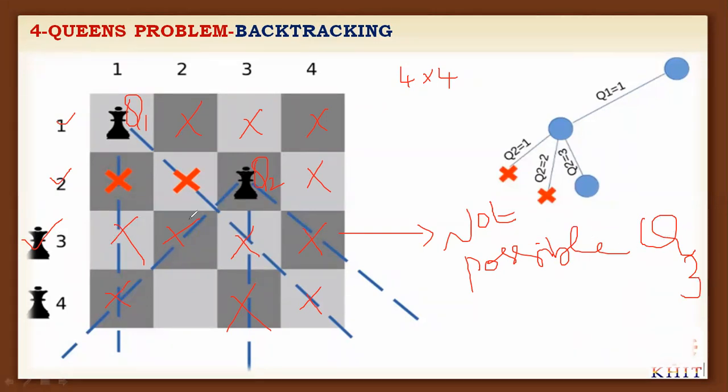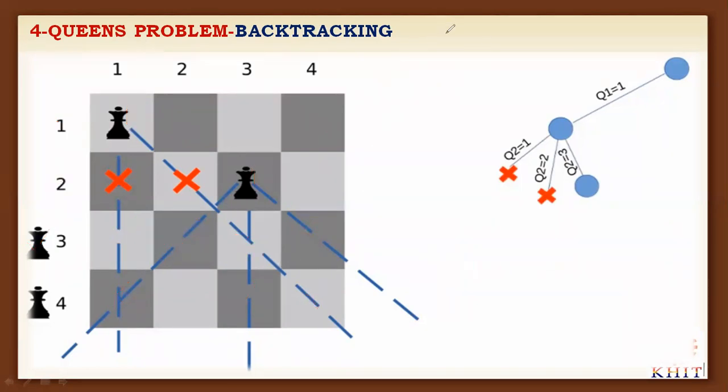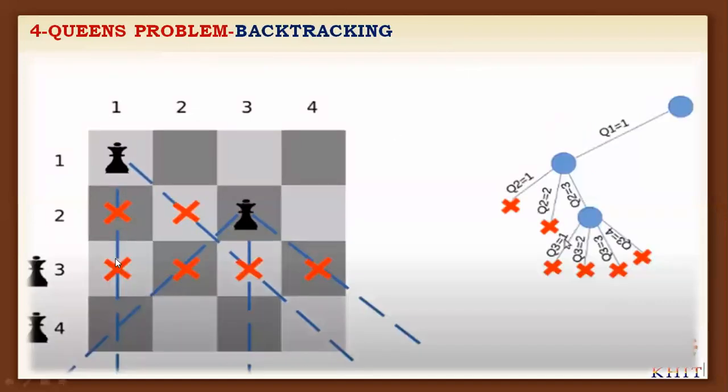Because all of these are not considered safe modes; they are unsafe modes. So there is no provision for placing Q3 in the third row.